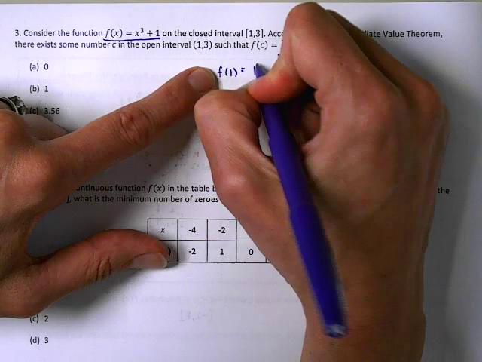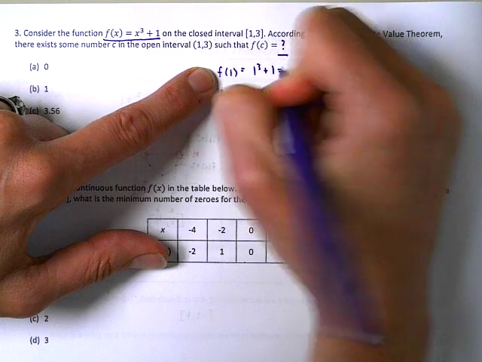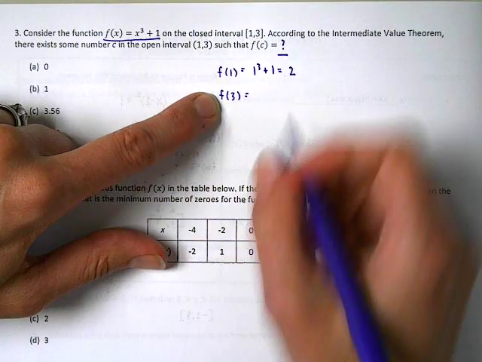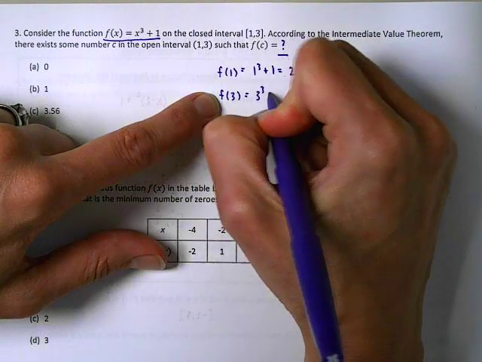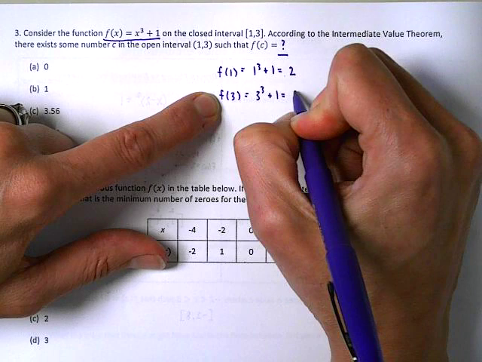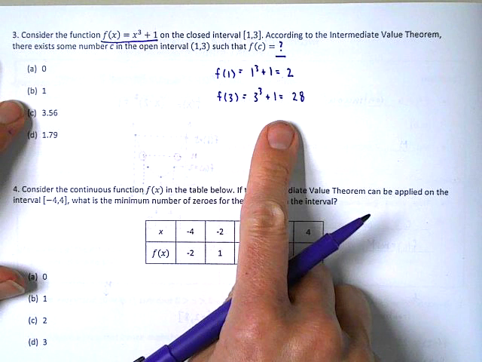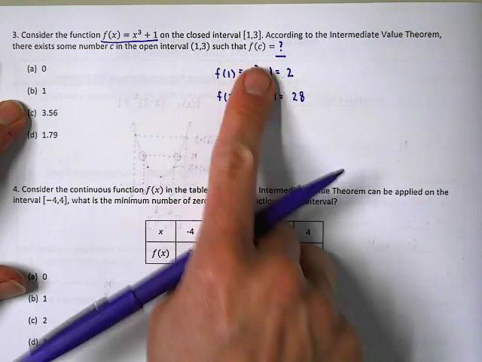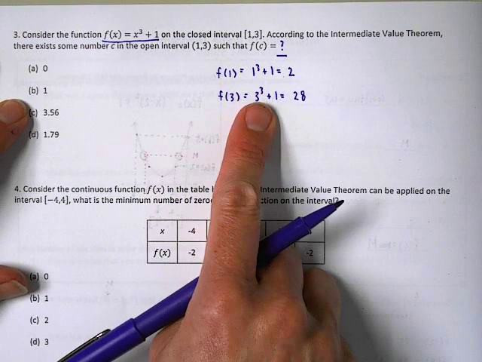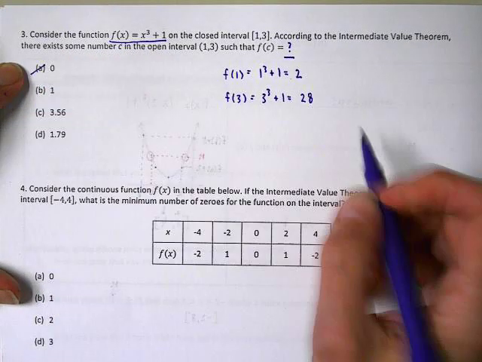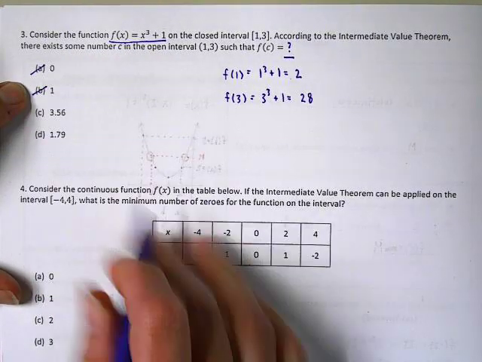F of 1 is going to be 1 cubed plus 1, which is going to give us 2. And f of 3, let's see, is 3 cubed plus 1, which is 28. So IVT is only going to guarantee me a value in between these two function values. So if I look at my choices, 0 is not in between those two, nor is 1.